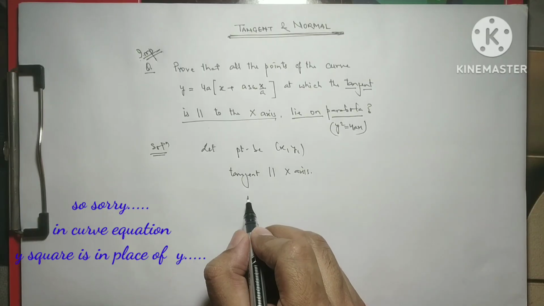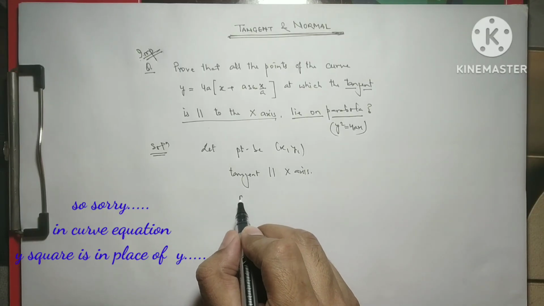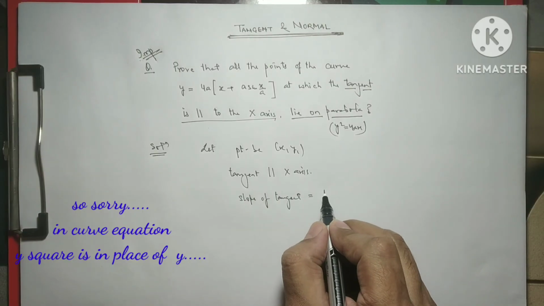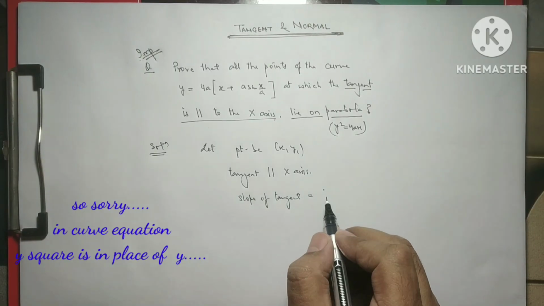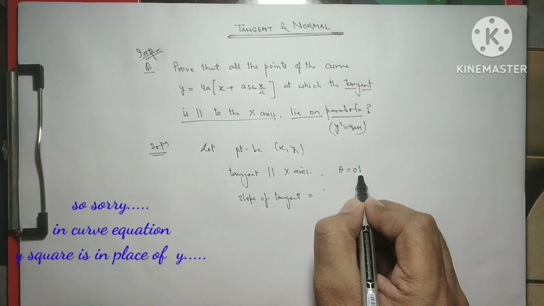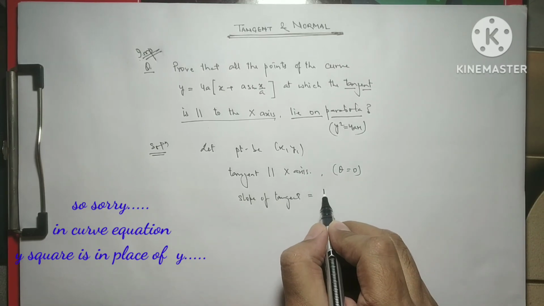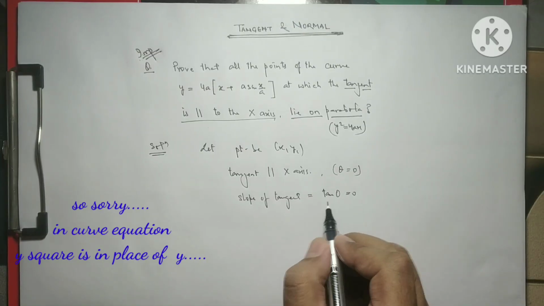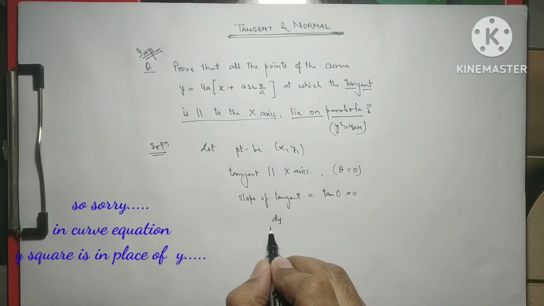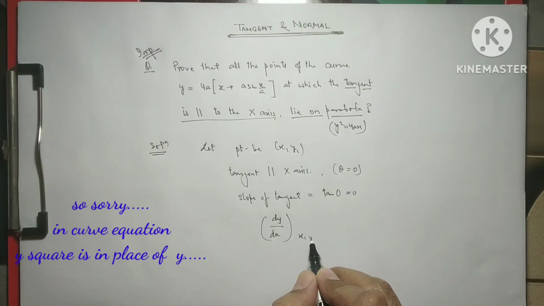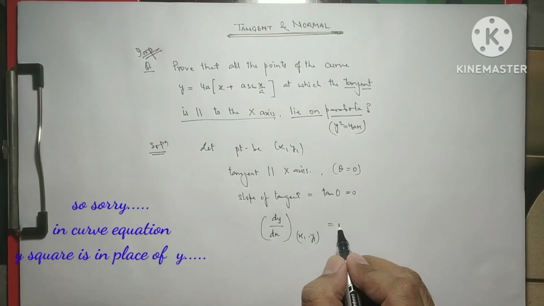It means the slope of the tangent is, because it forms angle 0 with the x-axis, so slope is tan theta, so tan 0 is 0. That means dy over dx at the given point should be 0.